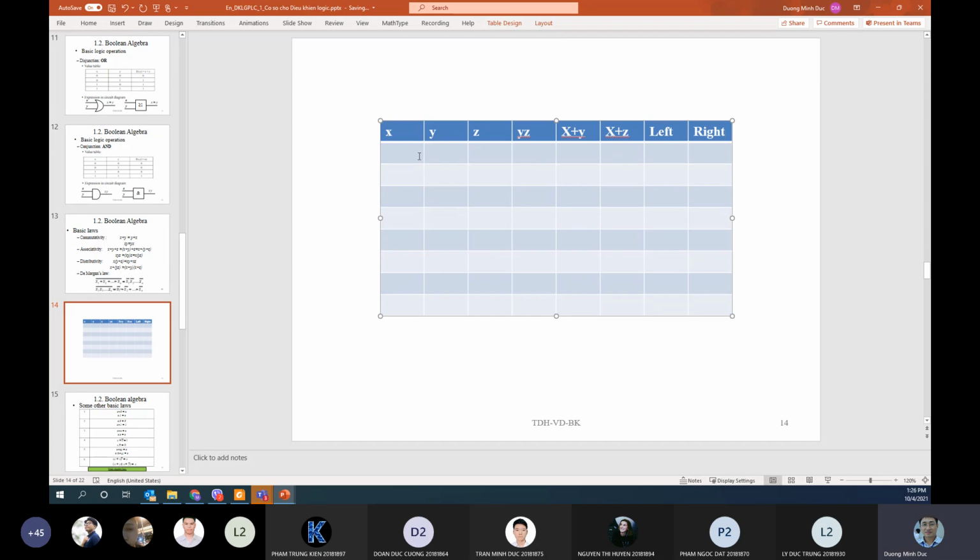So normally we will write the numbers of 0 and 1 so that when we change from the binary number to the decimal number, it will be increased. So like 0, 1, 2, 3, 4, 5, 6, 7.